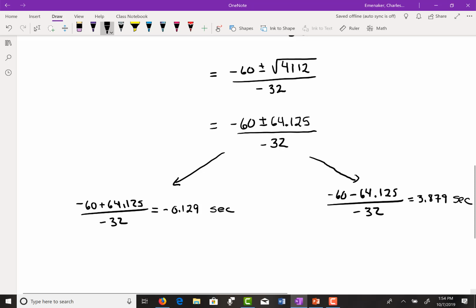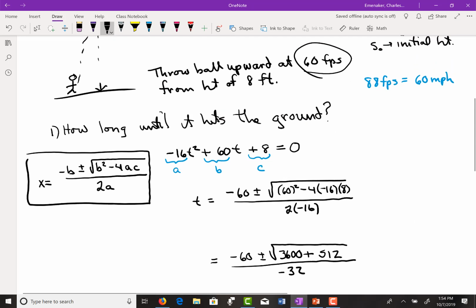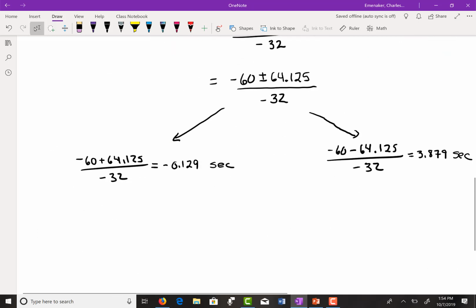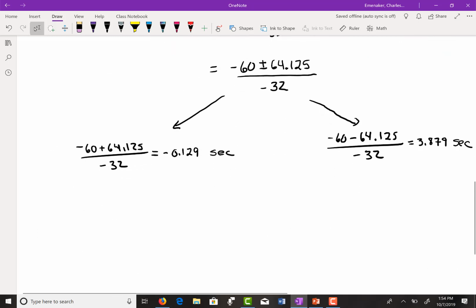Only one of these answers makes any sense. Remember, the question is, after you throw the ball in the air, how long is it till it hits the ground? Which answer does not make sense? Yeah, the negative one.